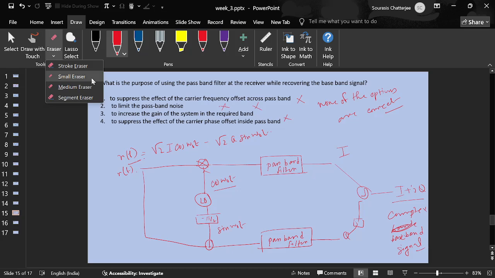What mistake I made? It limits the passband noise. Yeah, true. Actually, I made the changes in some other slide, and I didn't pay attention to what is done here.